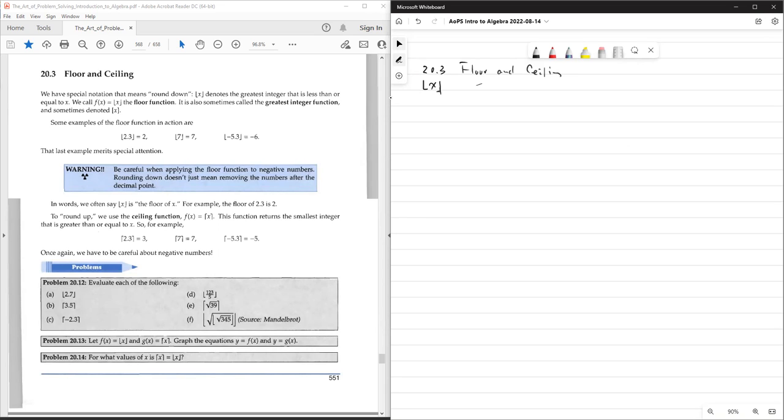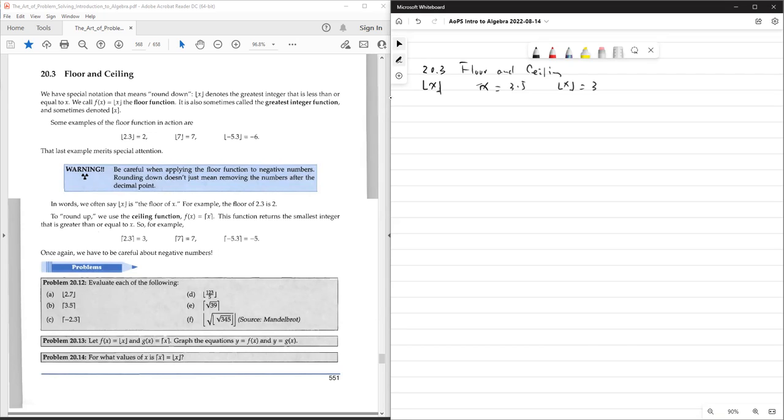So if I have a number, say x equals 3.5, the floor of this will be the greatest integer that's less than this. So the floor of x in this case will be 3. Okay, we just chop off everything after the decimal place.